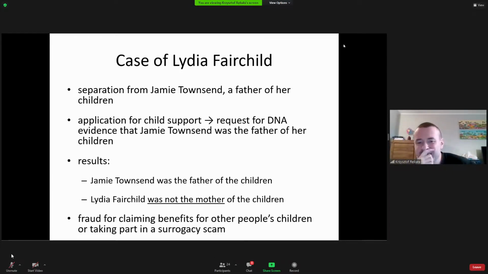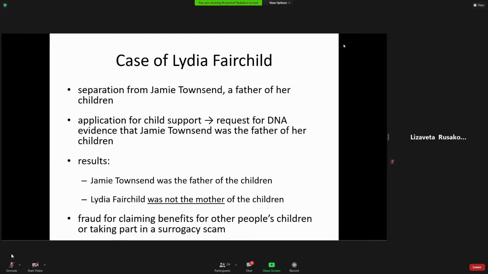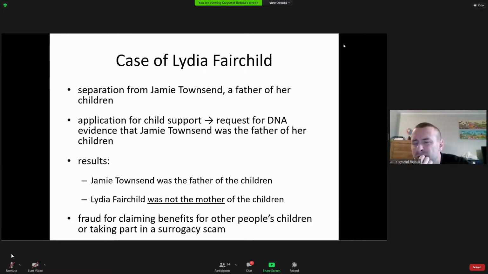Okay, so let's talk about the first hypothesis of Elizaveta. You told me organ transplant, but what kind of transplant? How can it happen? What happened in this case? What could have shown that she's not the mother?